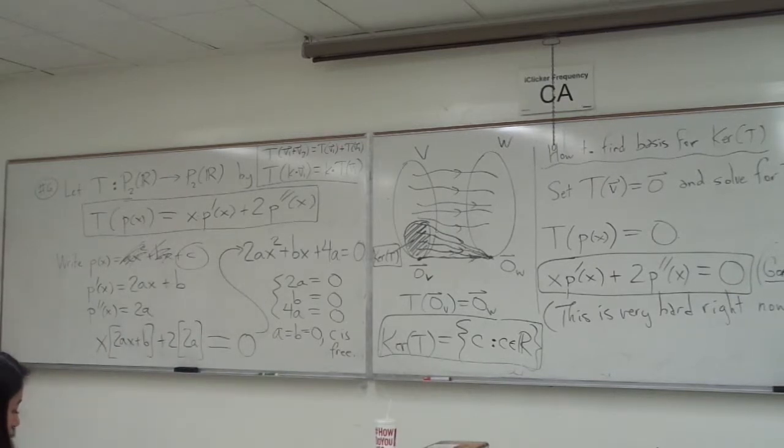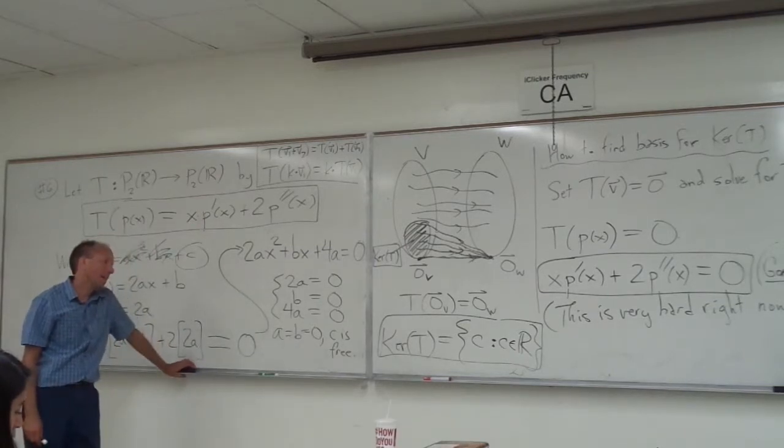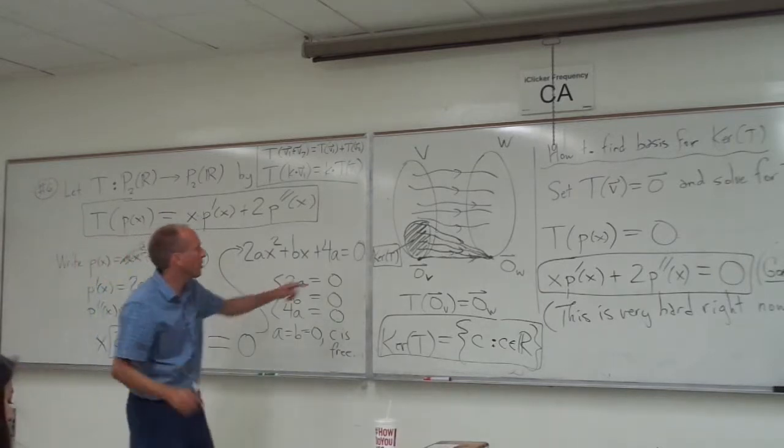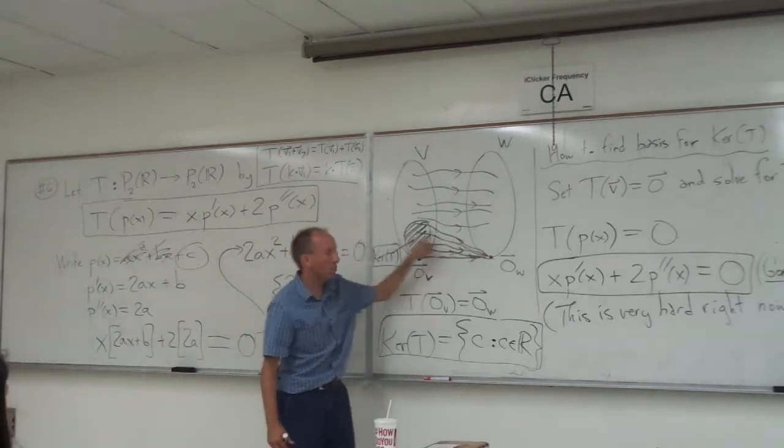It's just a constant polynomial. That's the only thing in the kernel. And remember, what is the kernel? The kernel is those inputs that get killed.